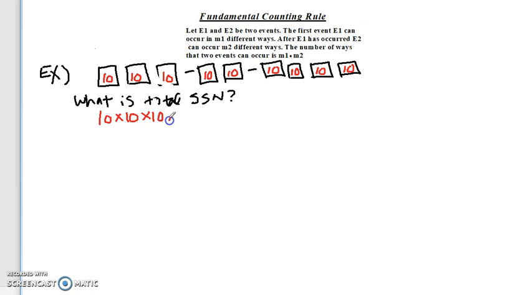So you just have to multiply all of them. Let's count them all. How many zeros do we have? 1, 2, 3, 4, 5, 6, 7 zeros. I think I missed one.